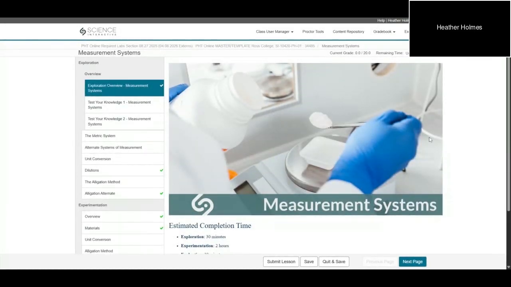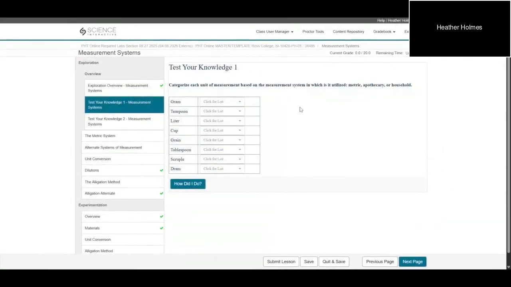Okay, so this is the lab. Again, it starts off with the exploration overview, and for this one, you have 2 test your knowledge. For the first one, you're categorizing each unit of measurement based on the measurement system it comes from, of which there are 3 different ones.